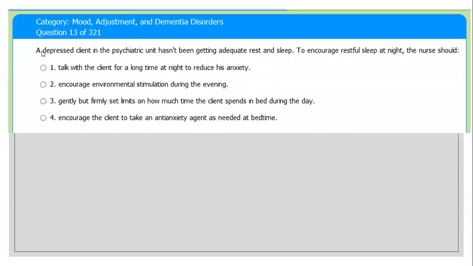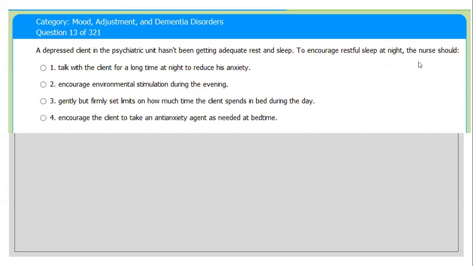Next question. A depressed client in the psychiatric unit has not been getting adequate rest and sleep. To encourage restful sleep at night, the nurse should do what?